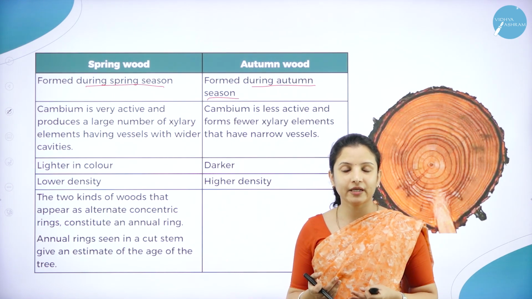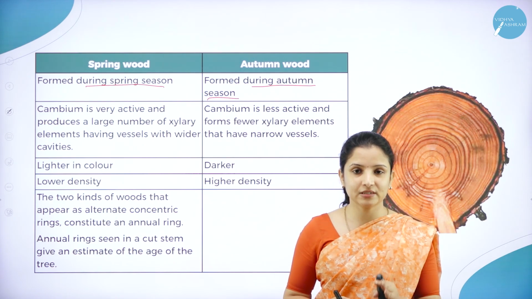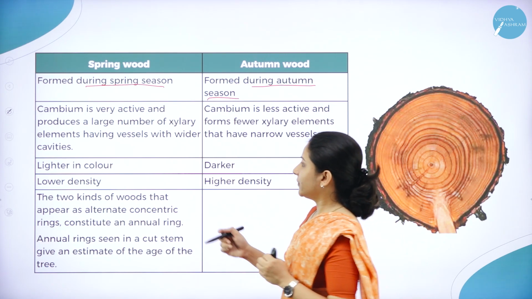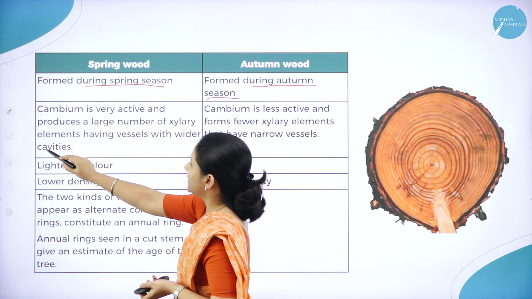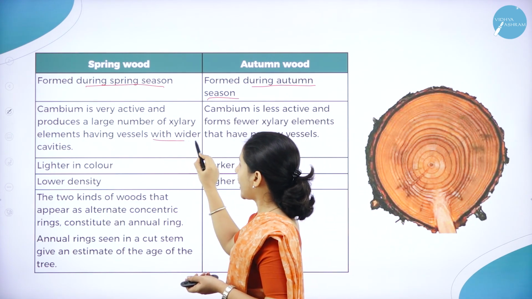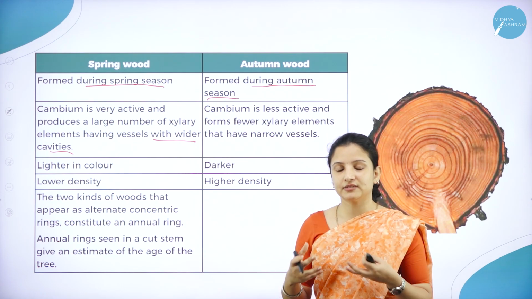What are the xylem elements? In the previous session we have studied, they are nothing but the vessels, the tracheids, the xylem fibers and the xylem parenchyma. Here all these are being produced, and the vessels have wider cavities. The xylem vessels are very wide.